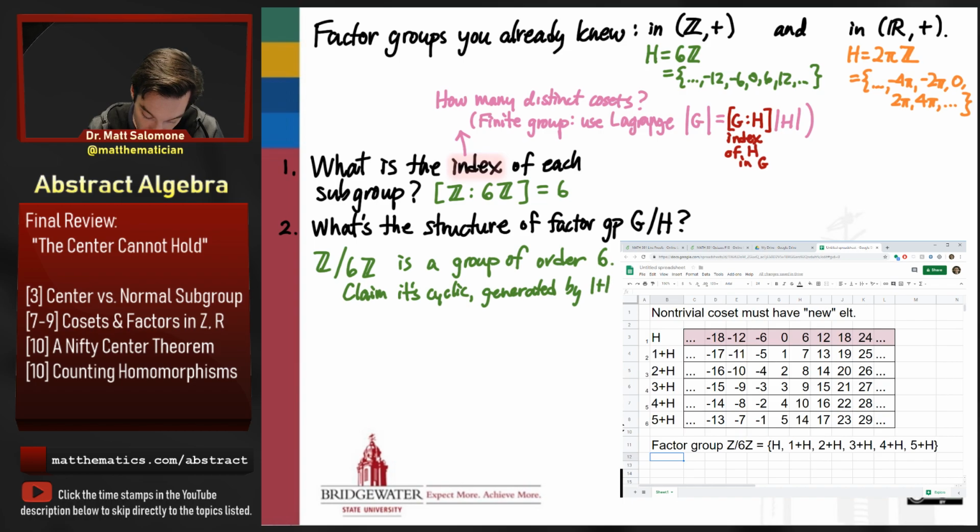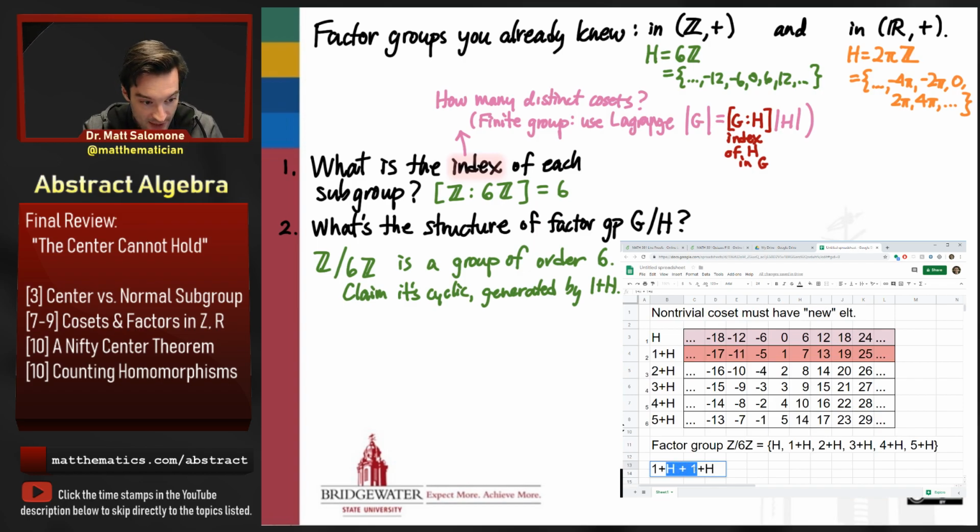So why should I expect that 1 plus H, this element, right? It's a coset of the original group of integers, but it's an element in my factor group. Why is it reasonable to expect that 1 plus H is going to generate my entire factor group? Well, what do I get when I add it to itself once? 1 plus H plus 1 plus H. Well, here's the beauty.